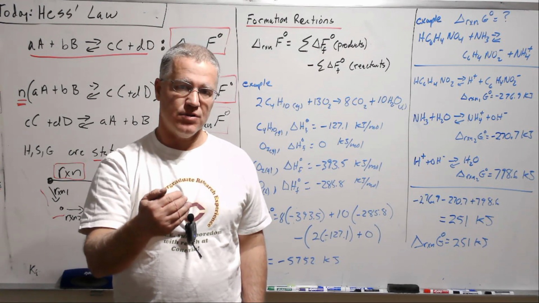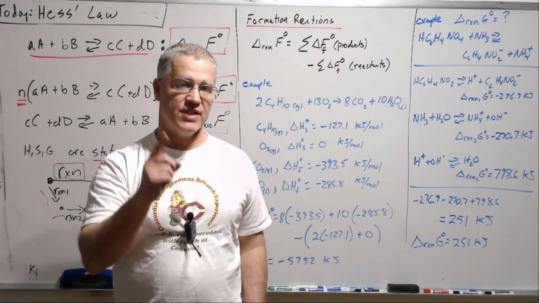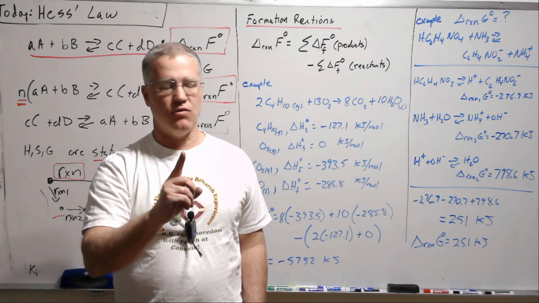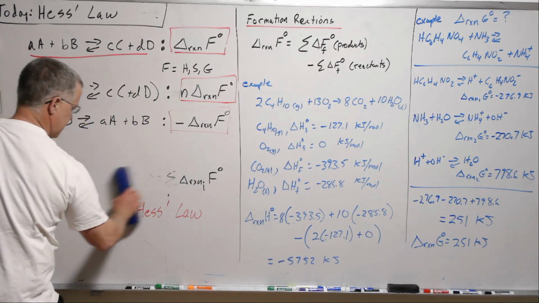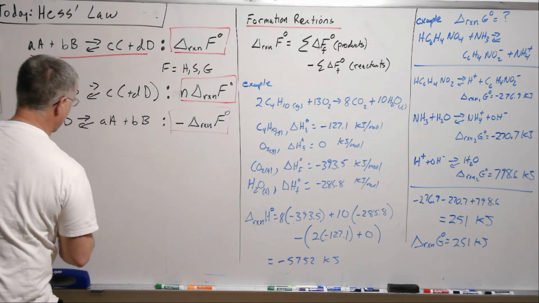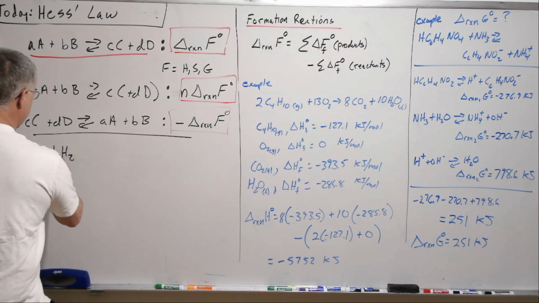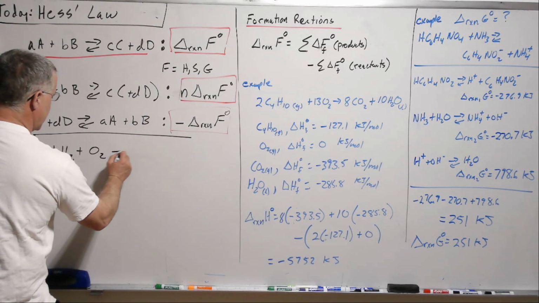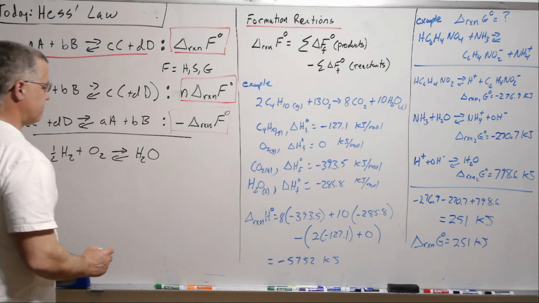So for example, the formation reaction for water would be the formation of exactly 1 mole of water. So the formation reaction for water would be 1/2 O2 plus H2 goes to H2O.